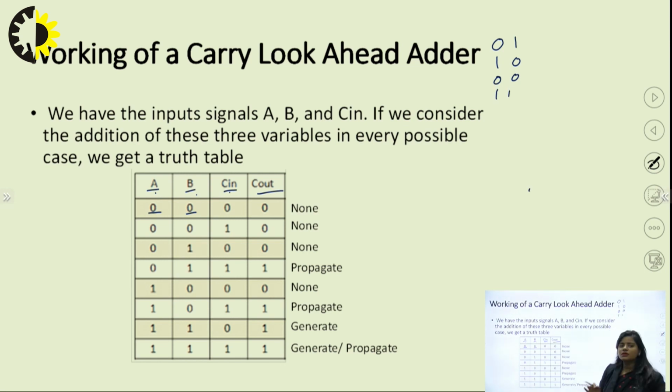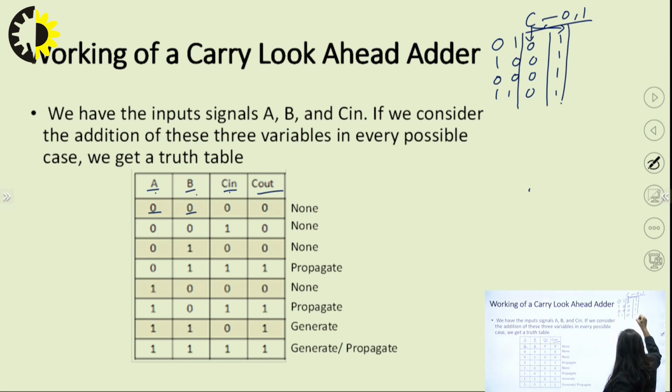These four possible cases I can have for addition, but another carry pin can come, which can be 0 or 1. First I will take carry as 0, and then I will take carry as 1, so all the possible combinations would be like this.